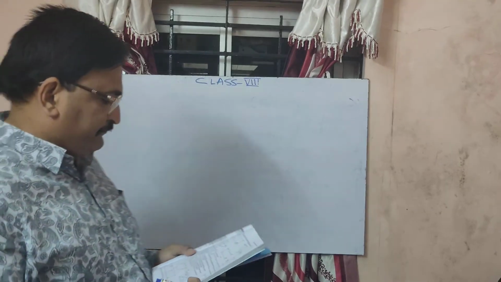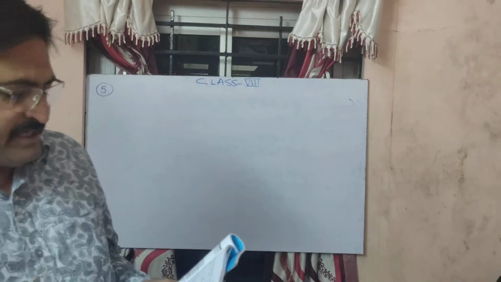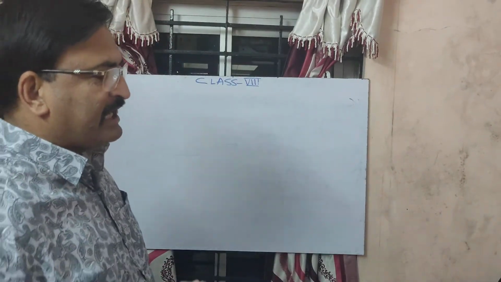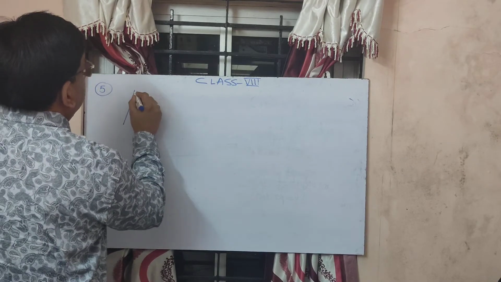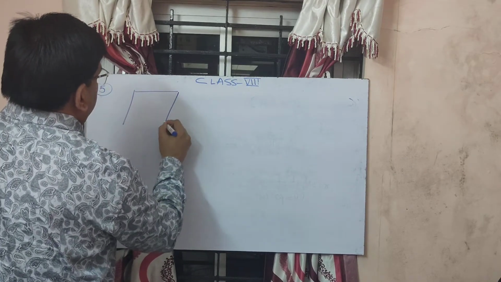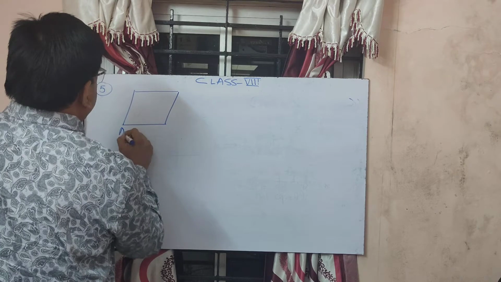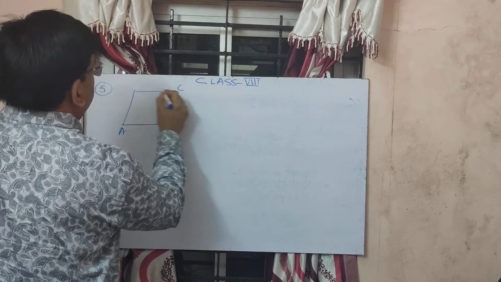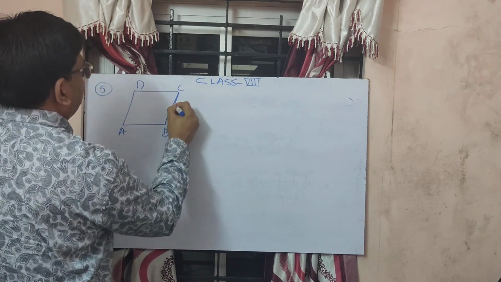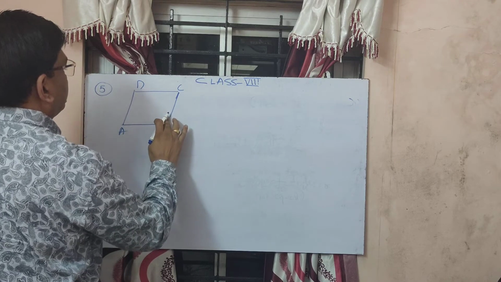Now, the measures of 2 adjacent angles of a parallelogram are in the ratio 3:2. So first of all, you need to understand adjacent angles. Suppose ABCD is a parallelogram.